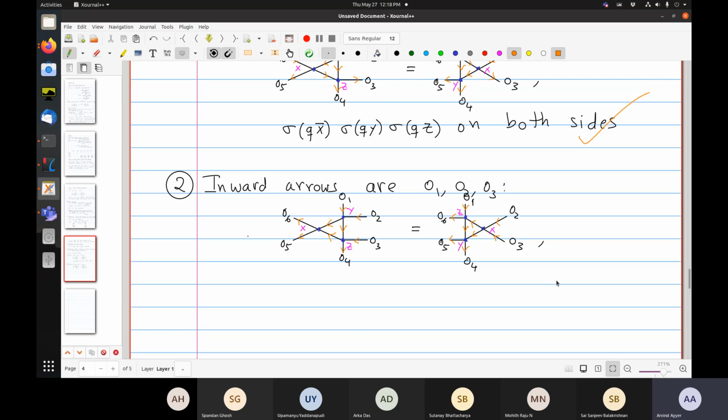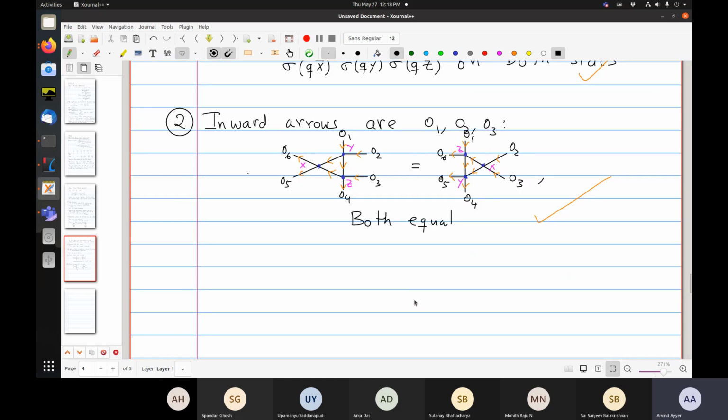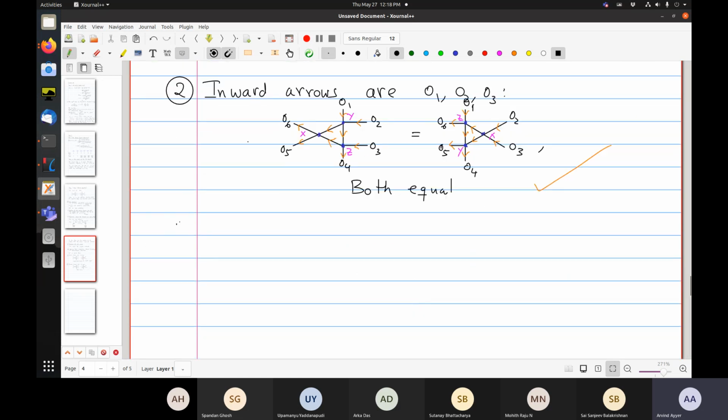I don't even have to compute. Both equal, because it's forced and we get exactly the same weight. So this is another trivial case. So let's do the first non-trivial case, which is inward arrows, this time O2, O4 and O6.